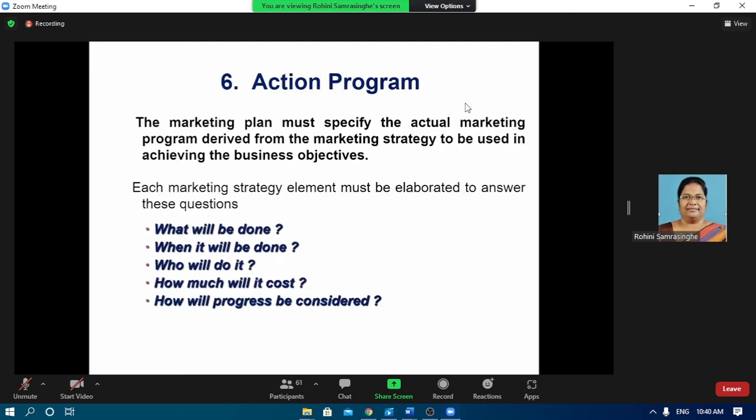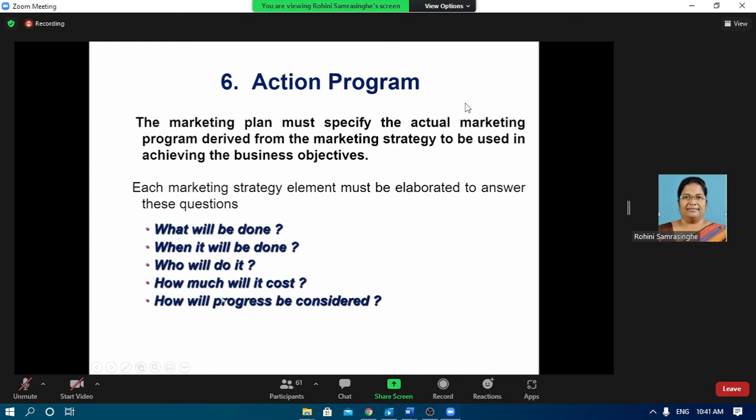After writing that part, you want to develop an action program, right? As I mentioned earlier, you may need to explain what activities you are going to do in the next planning period. So what will be done, when it will be done, what is the time period, and also who is responsible for different activities, maybe the marketing manager or the top manager, or maybe the HR manager or manufacturing section, or maybe a group or team of people.